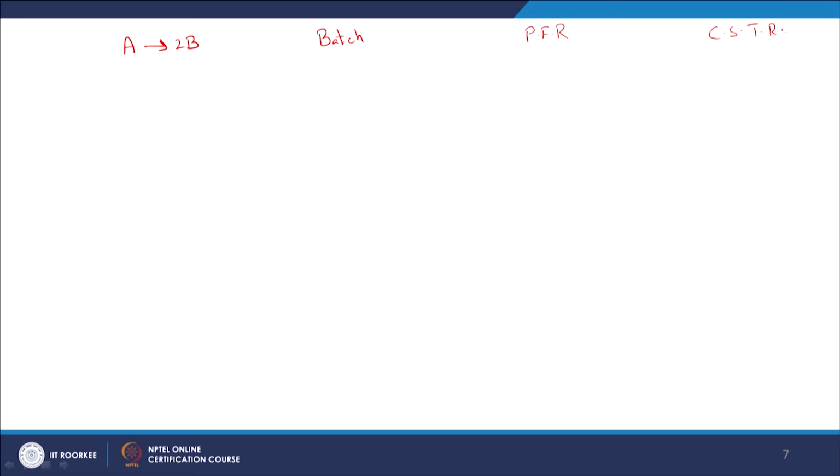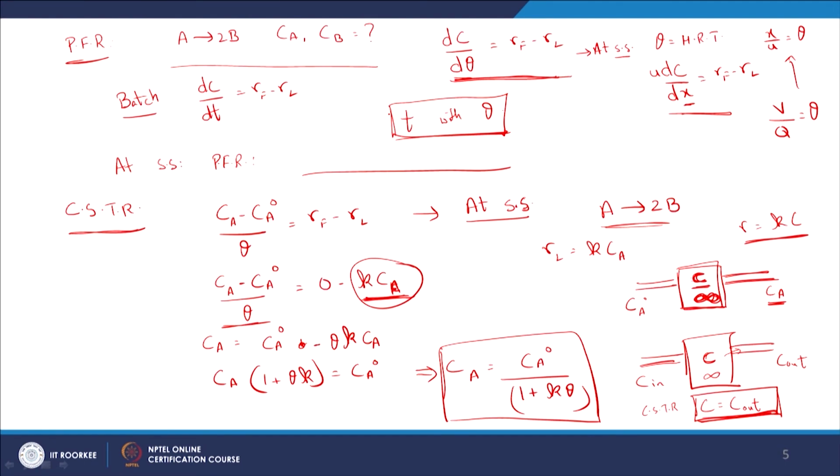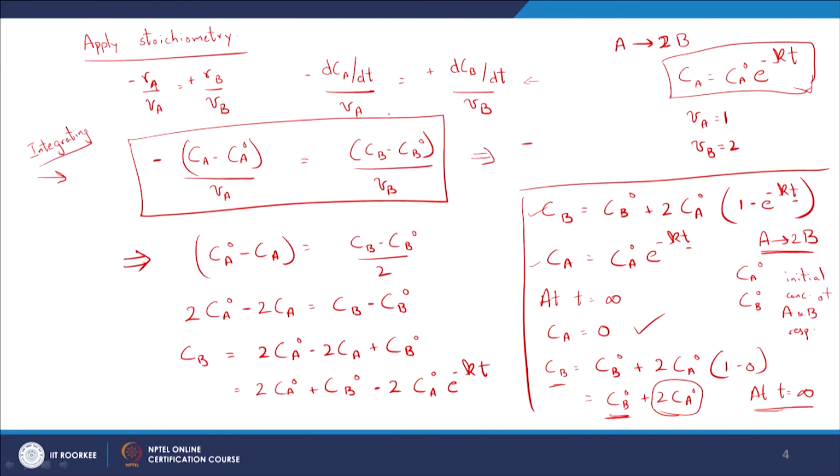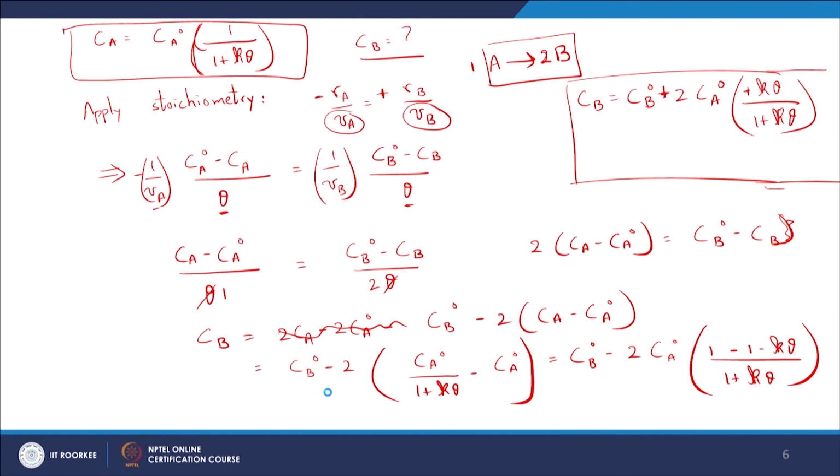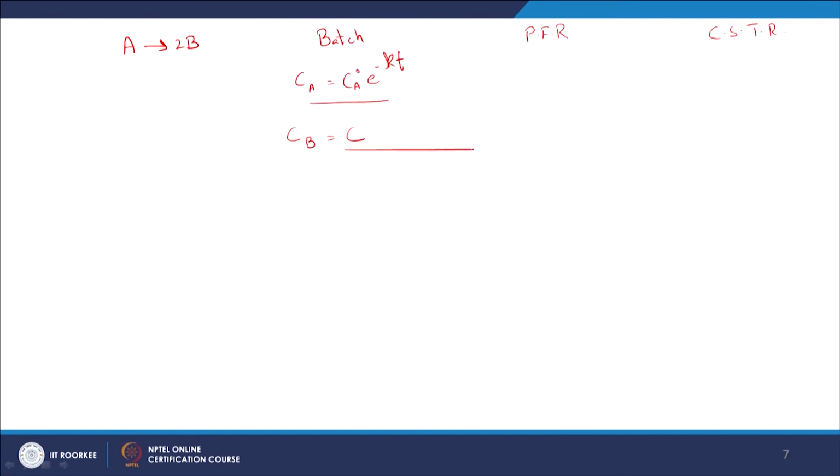For the batch reactor, first we conduct the mass balance on A, and we end up with Ca is equal to Ca naught into e power minus kT, pardon me, and I believe we end up calculating Cb to be some value which I am unable to recollect. Let us see if I have that here on my set of slides. Cb is equal to 2 Ca naught plus Cb naught. Anyway, we have the relevant equation there.